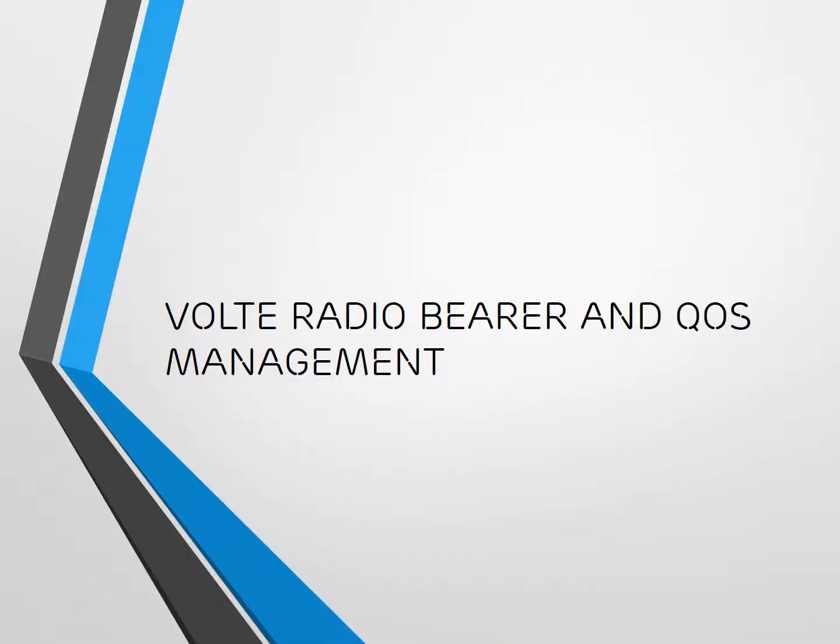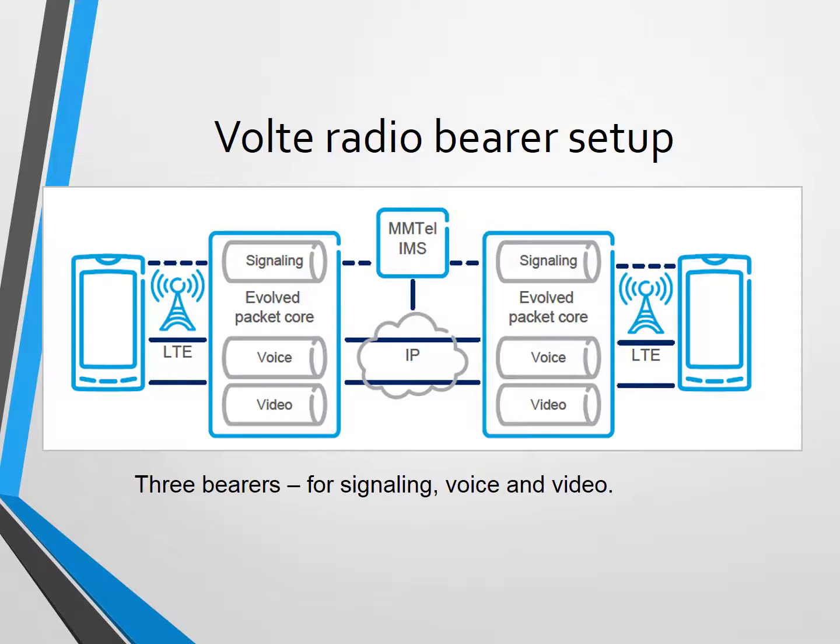Now describing VoLTE bearers and QoS management. In VoLTE we will have new bearers. When we compare to LTE, where we need to have two bearers, introducing VoLTE will introduce a new bearer, that is a voice bearer.